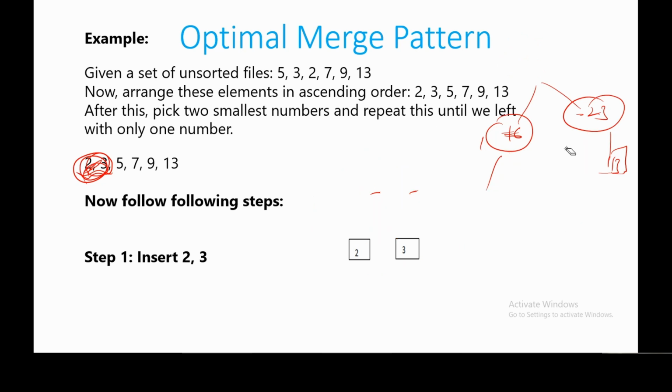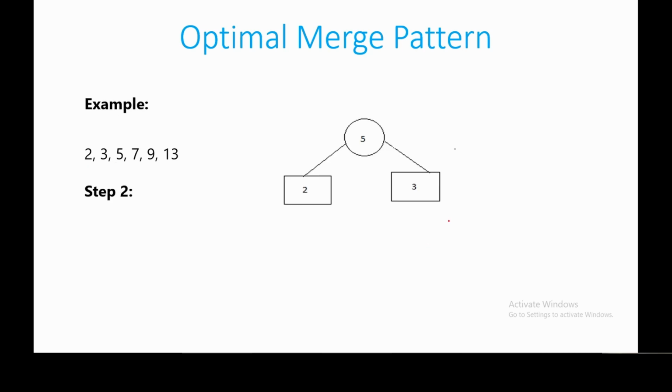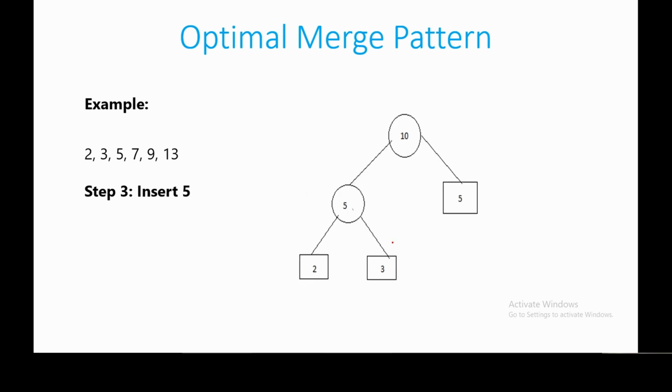Now I can explain this by these slides. Initially we are picking 2 and 3 and we will have a tree like this: 2 plus 3, 5. Then 5 and 5 will be selected, and 5 plus 5 is 10. 10 will come here.